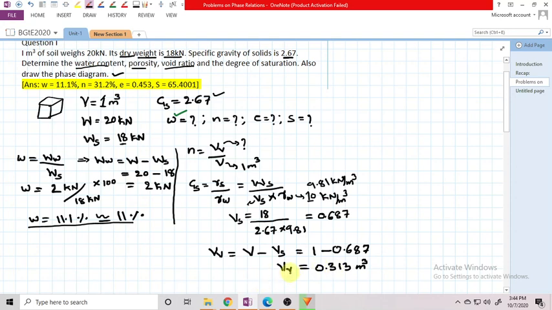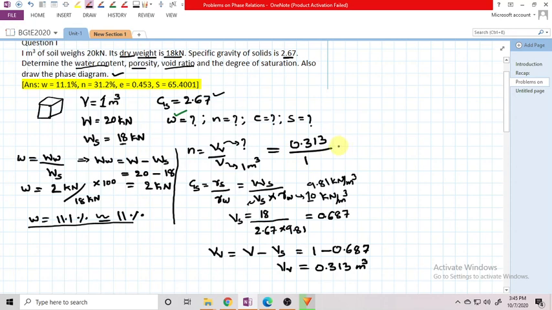Okay, so now I know the volume of voids, and I also know the total volume. Then I can find out the porosity. So porosity equals volume of voids, 0.313, divided by total volume, that is 1 cubic meter.